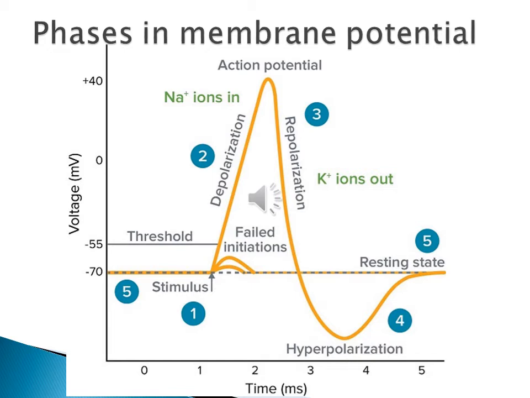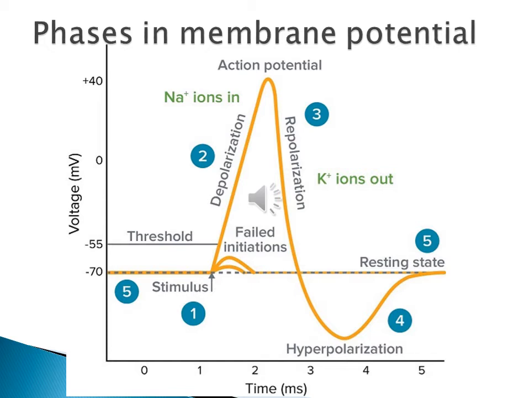It doesn't stay there though. As we hit about +30, repolarization is going to begin. The potassium is going to exit, the sodium channels are going to close, and we're attempting to restore the electrical condition. We overshoot every time, and you'll see at spot 4 that we go well beyond resting potential.